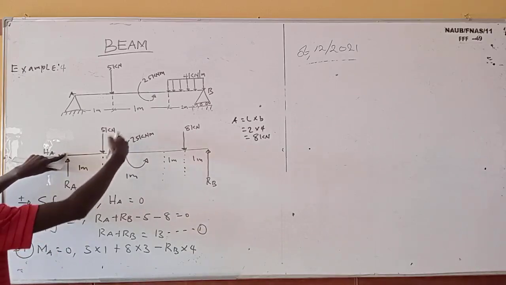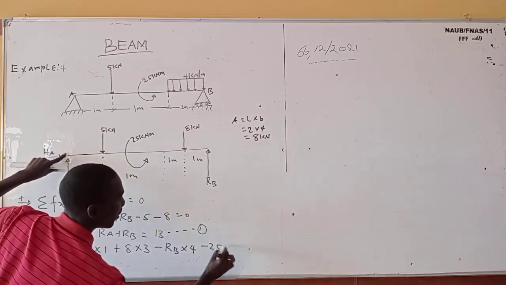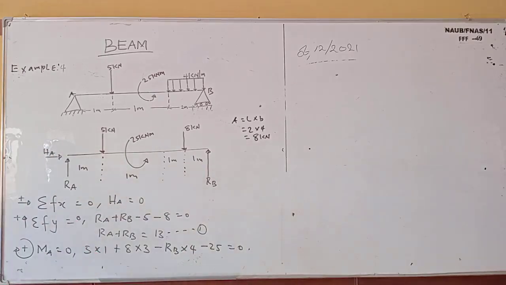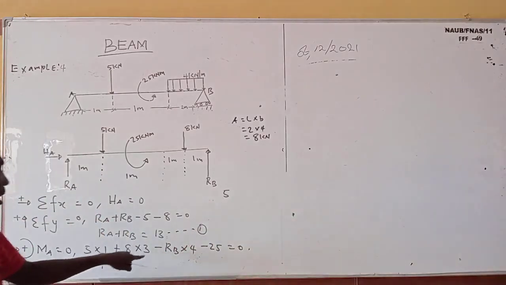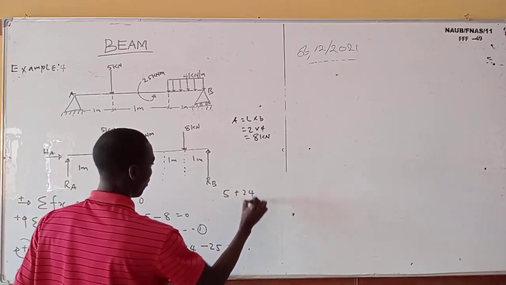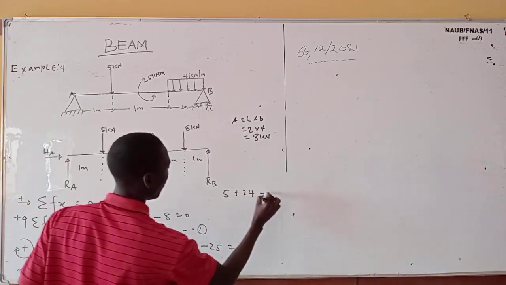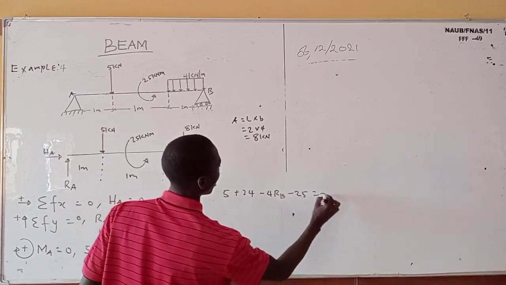This our moment is moving anti-clockwise, which will be minus 25, equal to 0. So now I hope you can see this. 5 times 1 is 5. 8 times 3 is 24. So 5 plus 24 minus 4 R_B minus 25 equals 0.